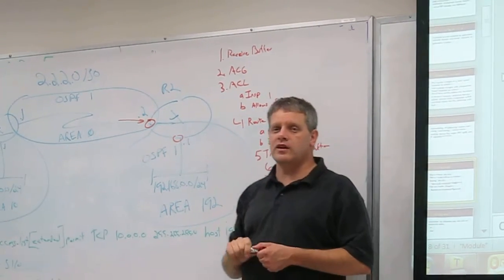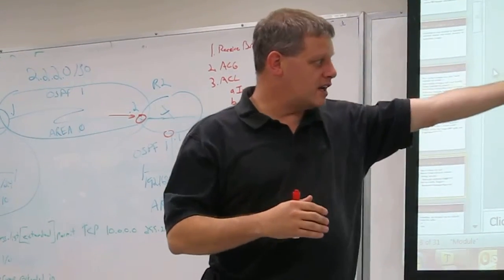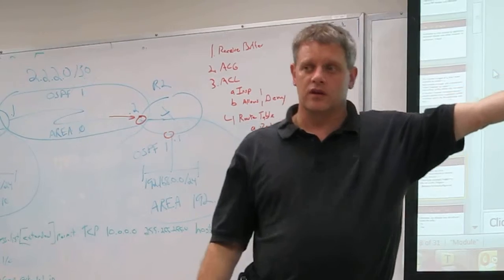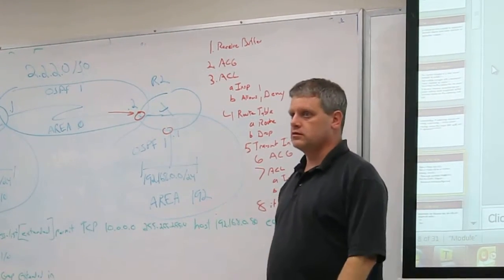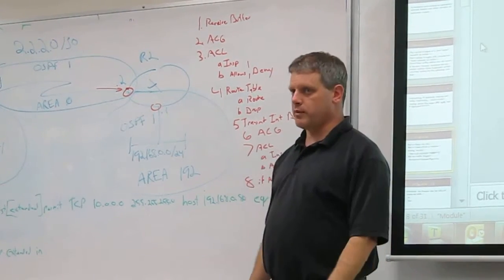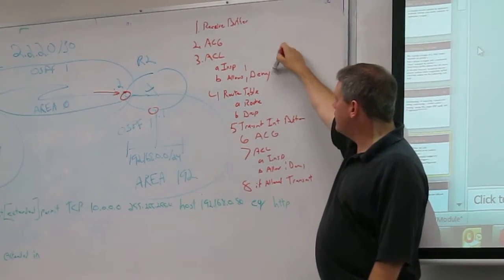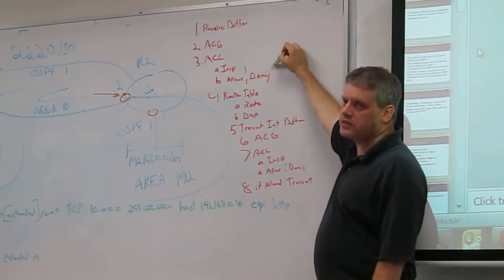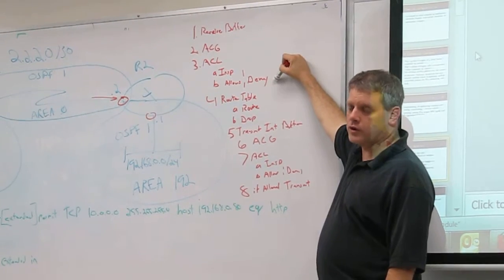That ACL is then a list of code that is basically an inspection standard, and it goes through the parameters of that inspection line by line, beginning to end, front to back. And then after it goes through that inspection process, that packet is either allowed or denied.